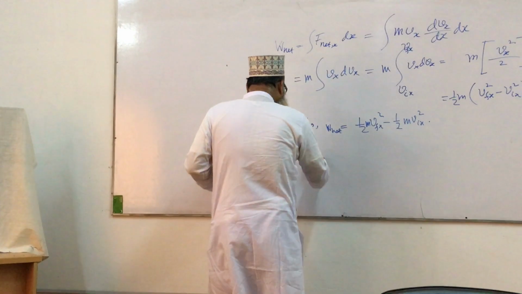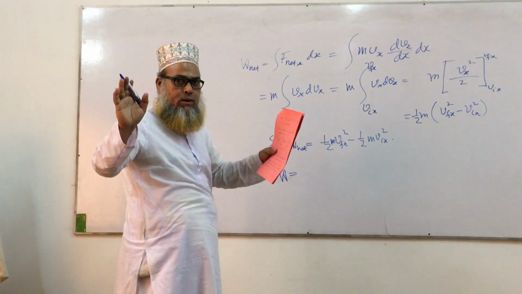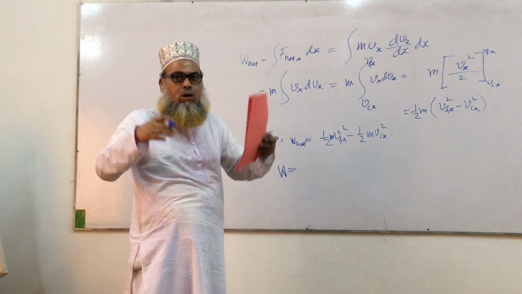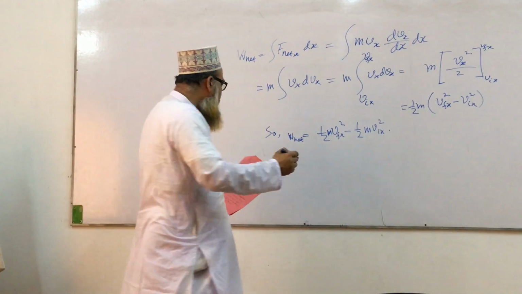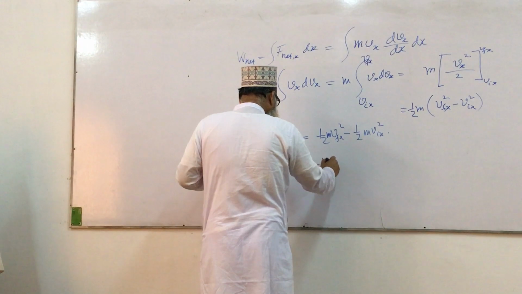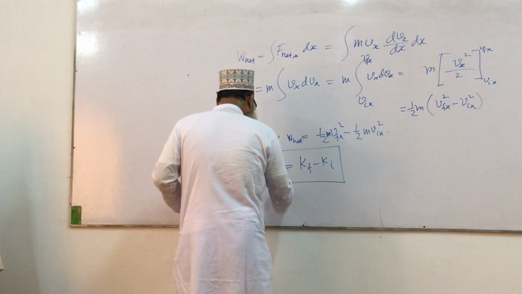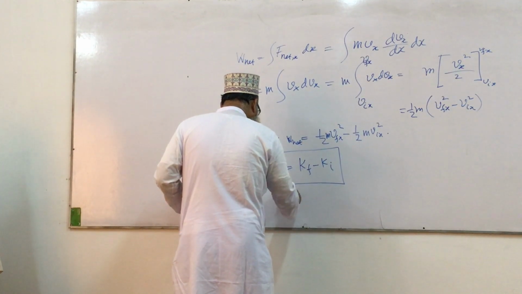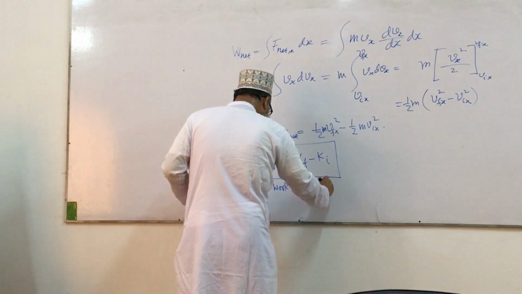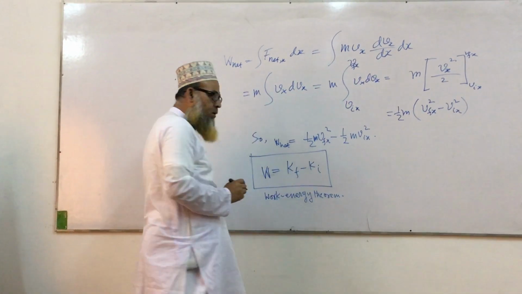That means W equals, we will not write net anymore, we know now what is net, that means the total. W is Kf minus Ki. This is the work energy theorem.